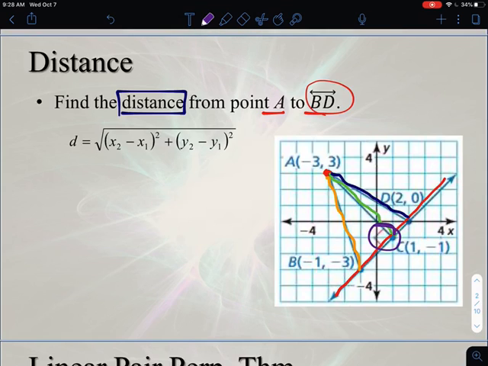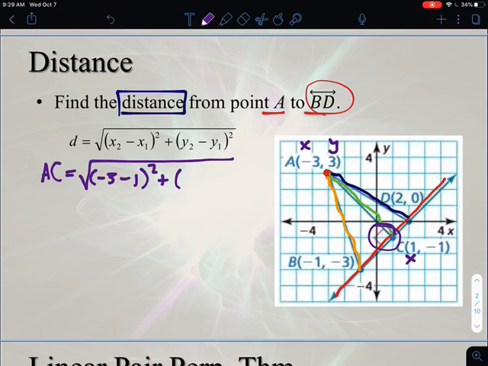So I want to travel from point A to point C. So when I want to calculate distance here, I'm going to calculate the length from A to C. And so using my formula, I'm going to use my x values. So -3 minus 1. So here's one x, here's the other x. And that's squared.